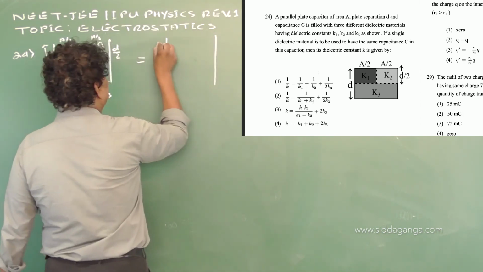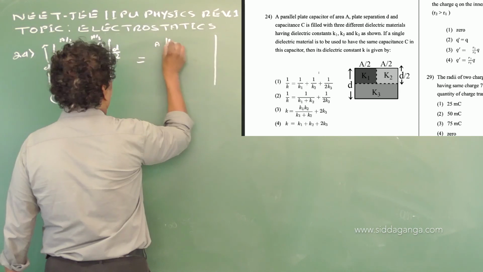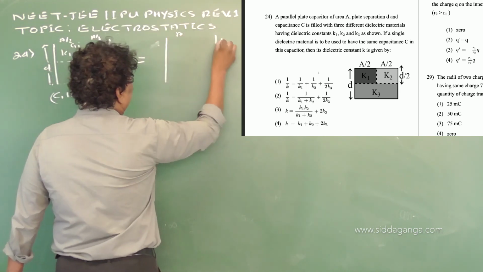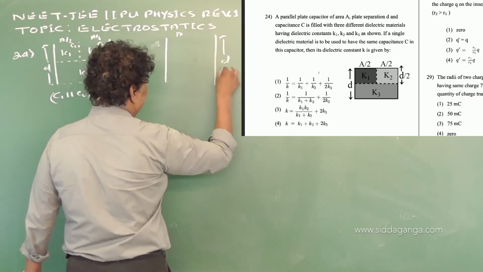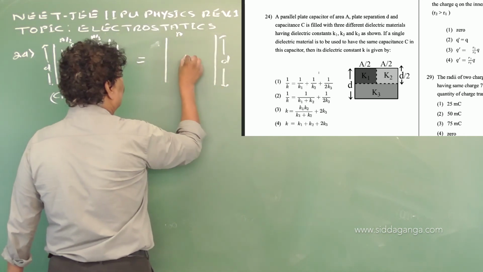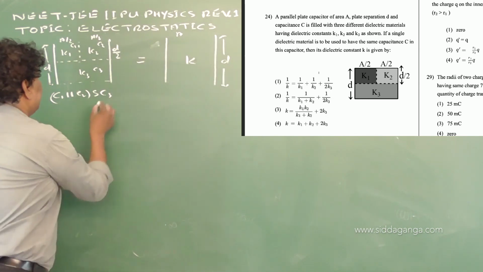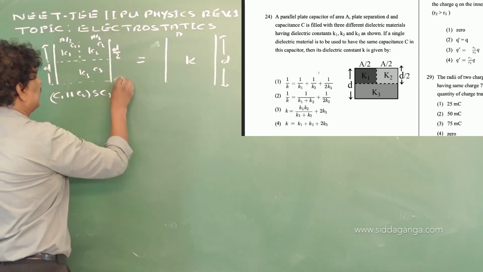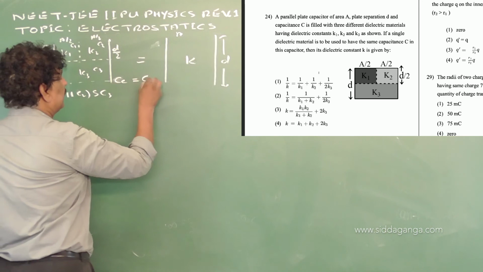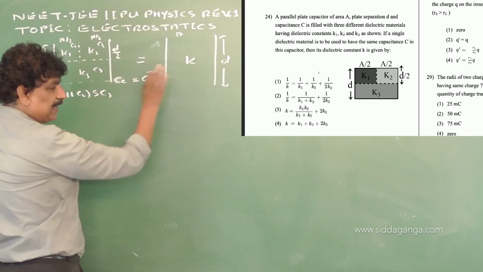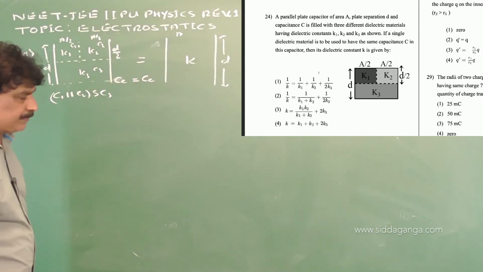Now the plate area A, distance D. Now we have used a dielectric medium of dielectric constant K. If CE is the effective capacitance here, that is equal to the capacitance of that single capacitor.